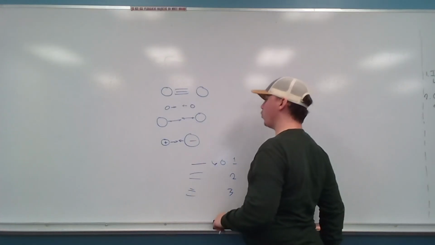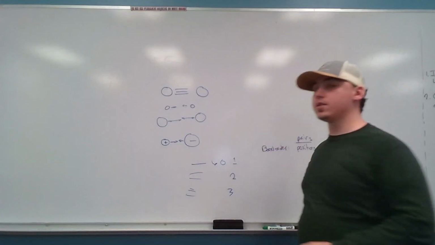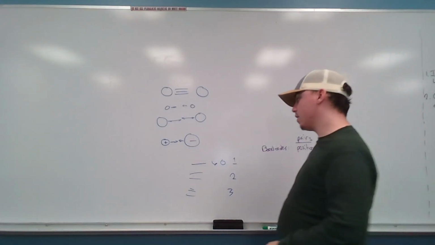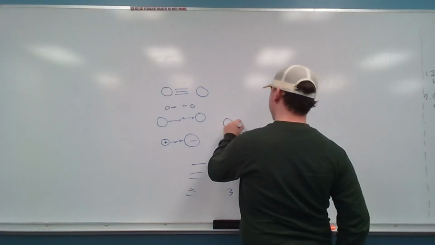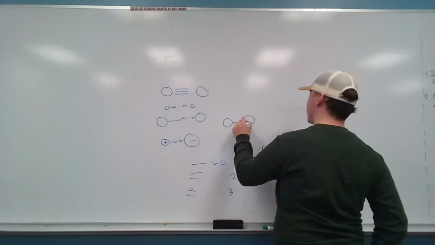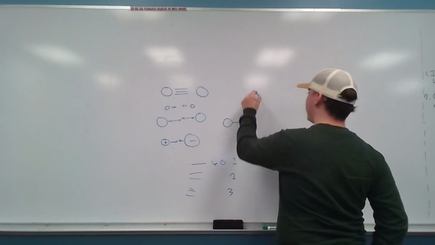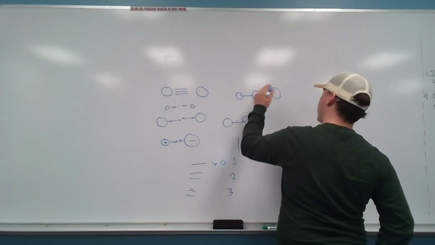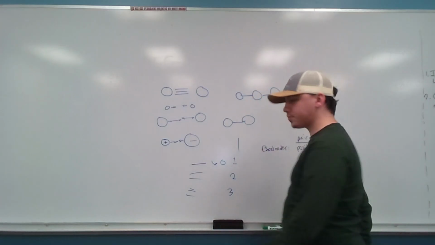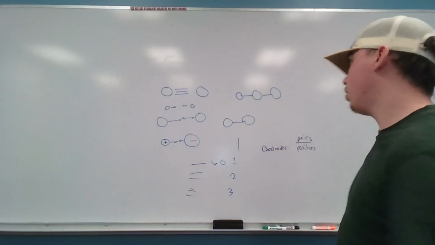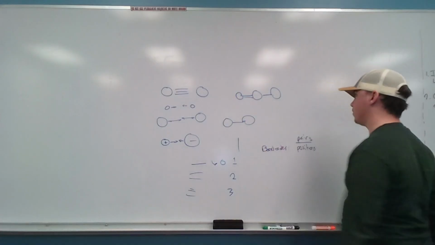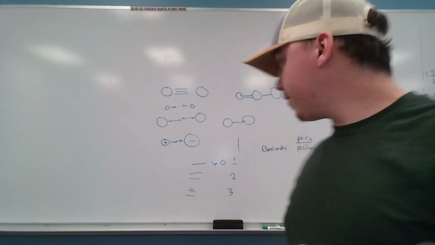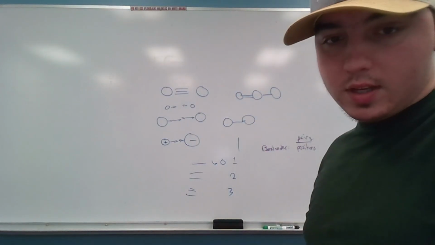When it starts getting weird is when you tie in other factors like how many bonds there are. So if we only have a single atom, or two atoms connected by a single bond, we have bond order one. But what if you have three? What is the bond order here? So the way you calculate that, well, that's the resonance structure.